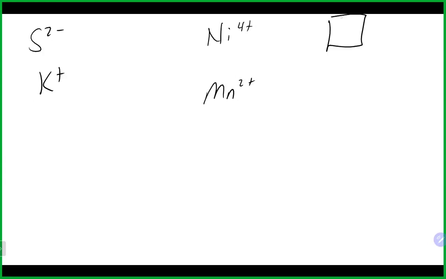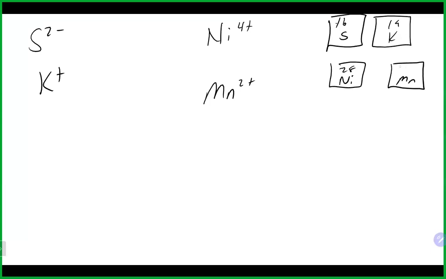In case you can't see the periodic table, sulfur is 16, potassium is 19, nickel is 28, and our Mn here is 25.